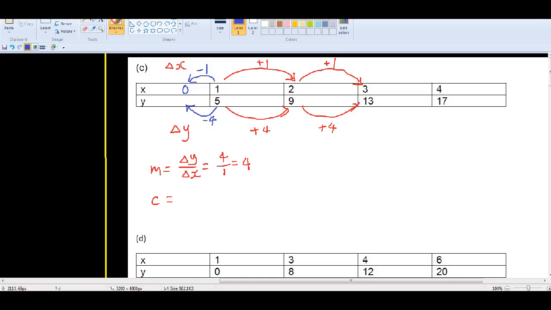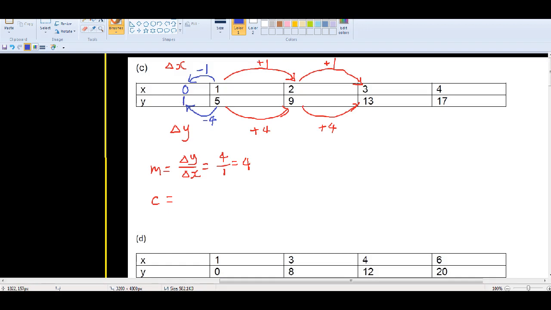It's because when we look at the given data, whenever x is increased by 1, y will be increased by 4. So now, in the other direction, when x is decreased by 1, what will happen to y? y will be decreased by 4, right?